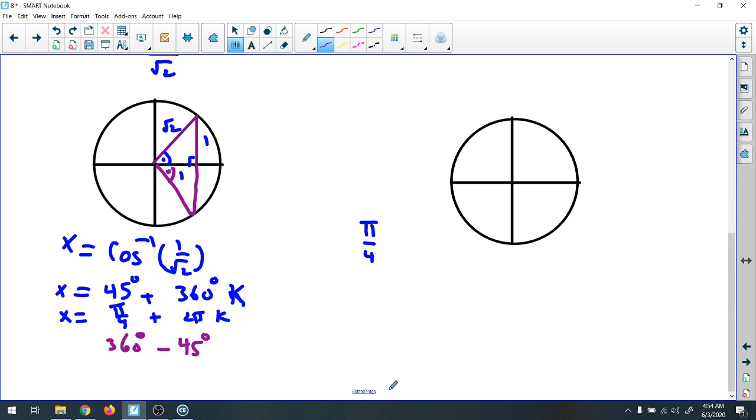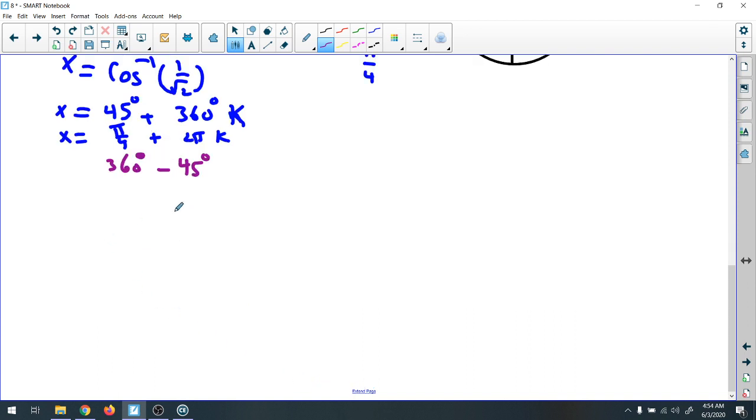And 360 minus 45 is 315. So it could be 315 plus 360k.